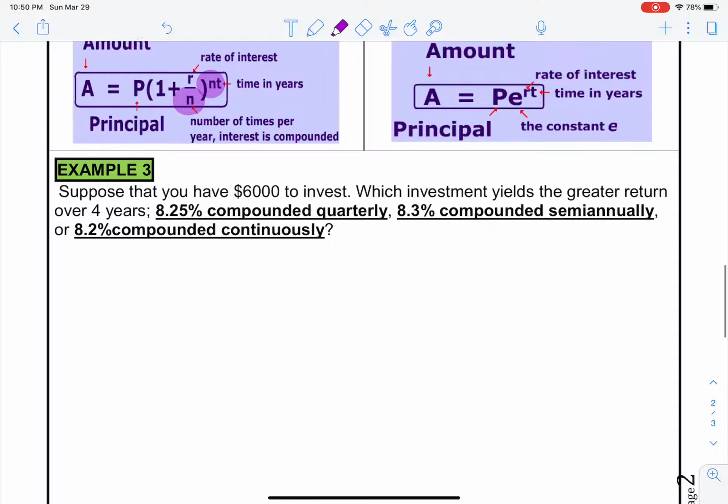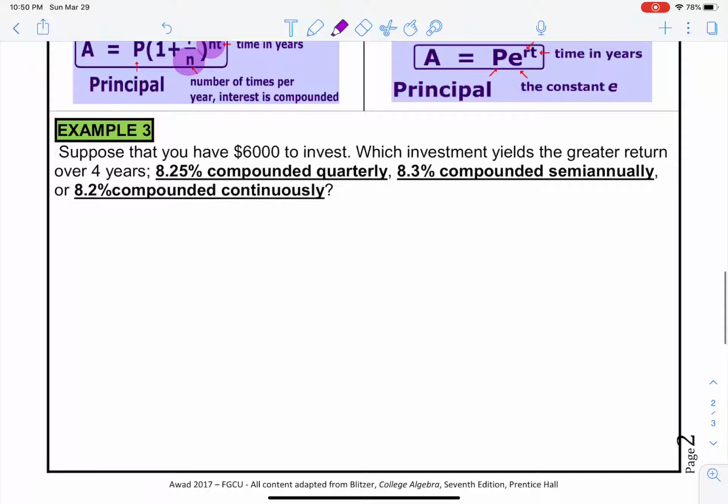So this case is when we apply the interest continuously. And e is our usual natural base, and that approximate value is 2.71828.